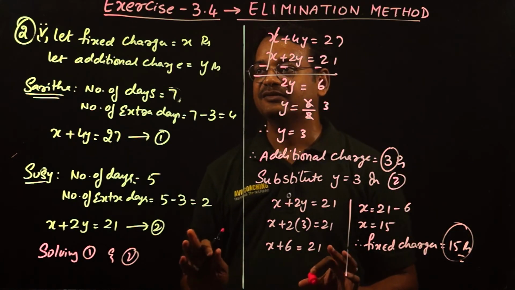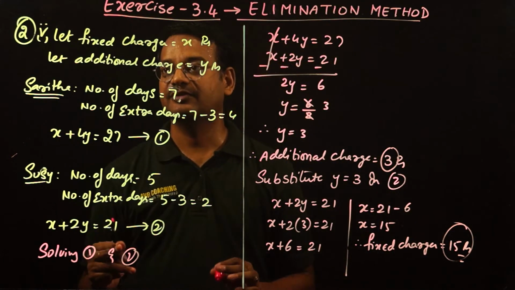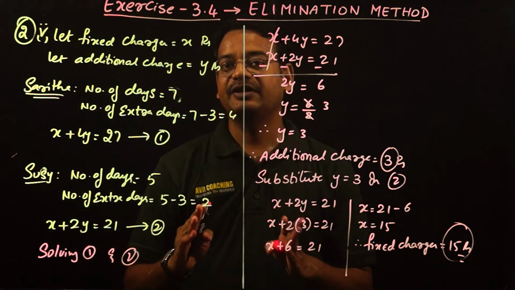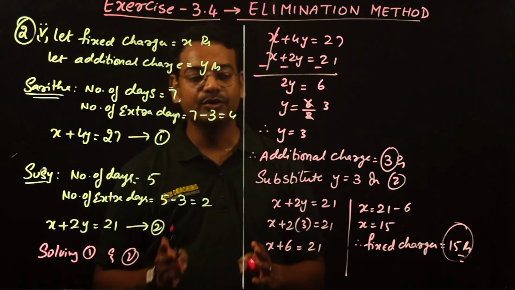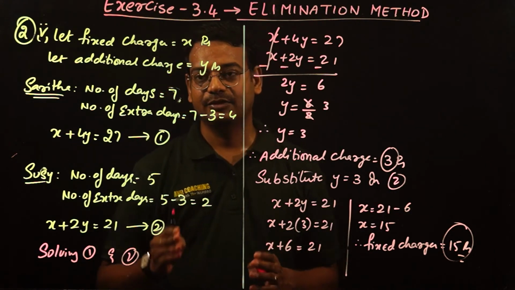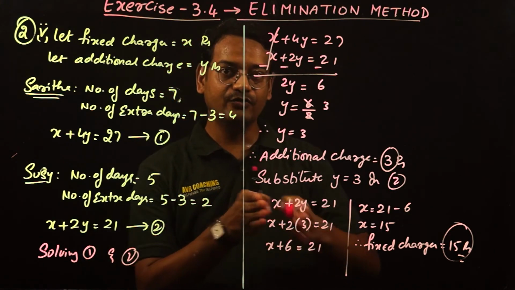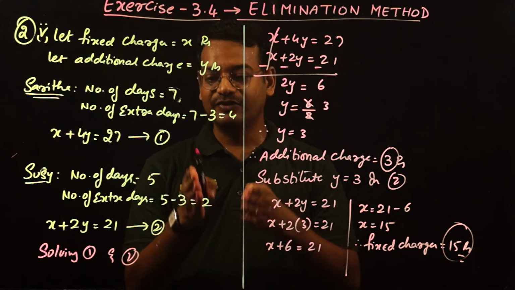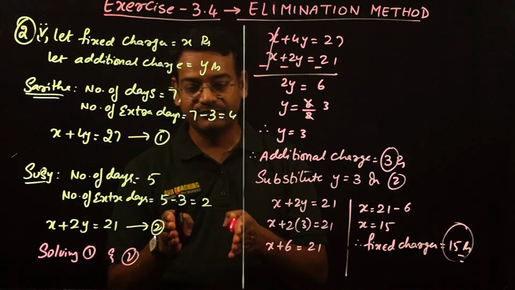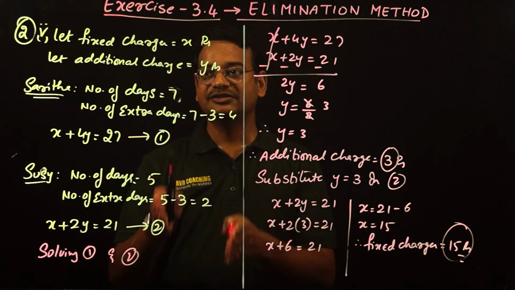It's simple. So one more time I'm going to explain this. For a library there will be fixed charges and additional charges. Like if you are going to take a book for 10 days, that is the period of time you keep that book with you. For the first 3 days you will be charged a fixed amount.